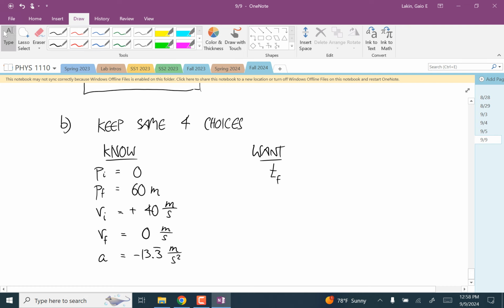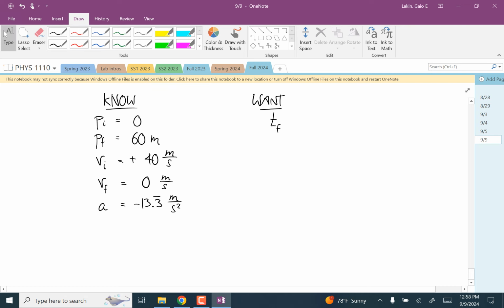Okay, so now we're going to go through those same three equations, see which ones let us calculate this. So I'll start with this one. Does this equation have TF? Yes, that's good. Do we know V final? Do we know V initial?